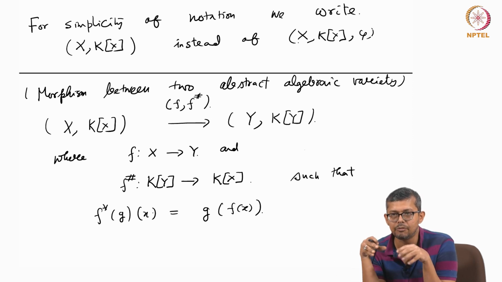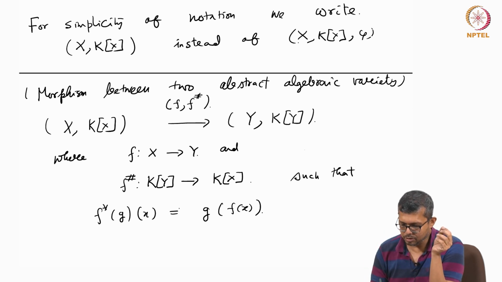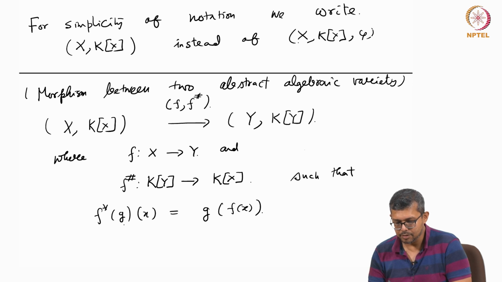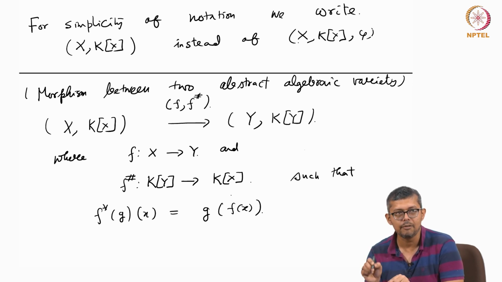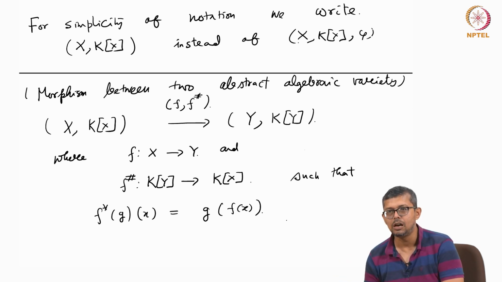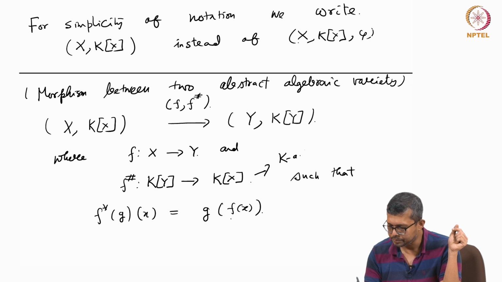What is the evaluation of an element of ky on an element of y? Sorry, or an element on x. F hash of g should be an element of k in this ring, and if you evaluate at x in this canonical way, that should be g of f of x. So, this is the evaluation of g at f of x. This is a k algebra homomorphism.